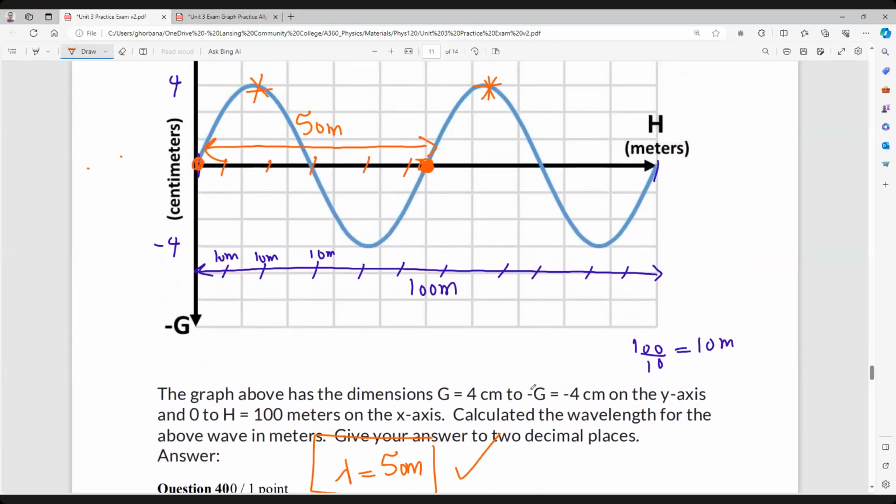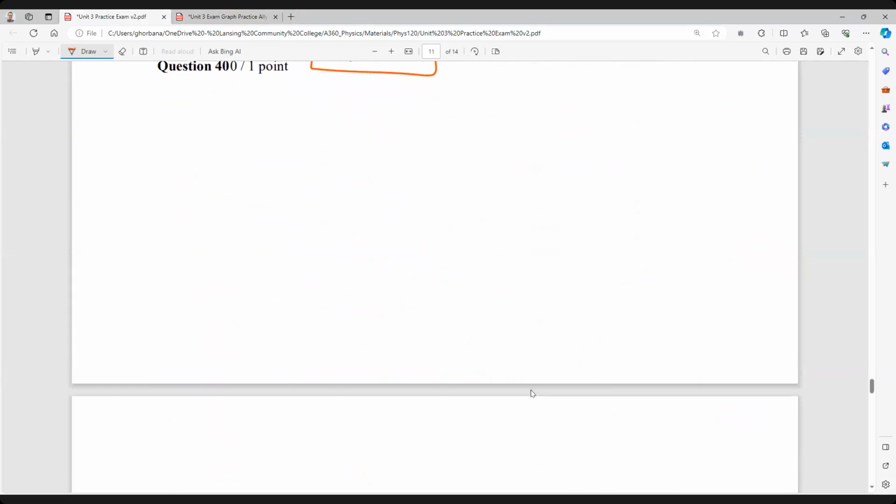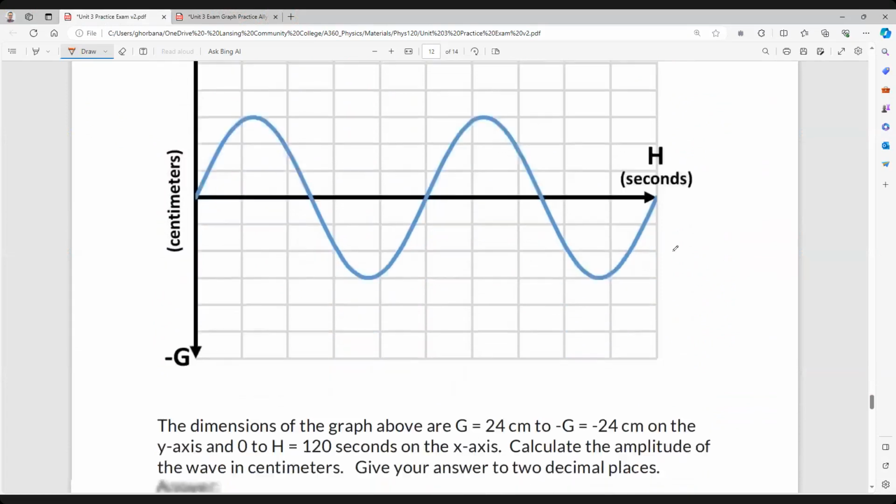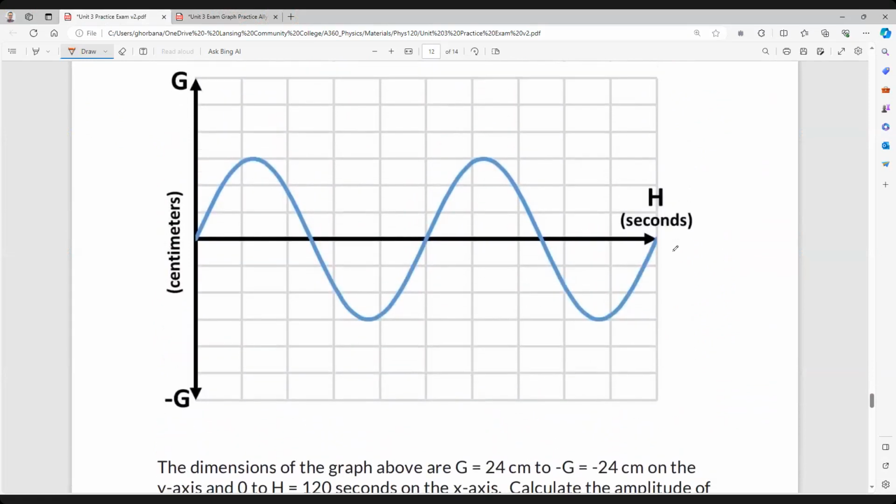What is the next one? The same graph, but this time it is displacement over time. It's telling us that the graph is from 24 to -24. Here to here is from 24 to -24.